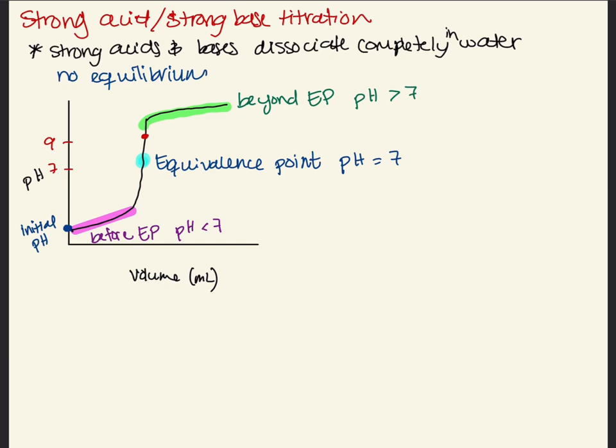It's really in between 8 and 9. And so here, if you notice, the difference in the volume right here is almost 0. So that's why we can use phenolphthalein. It's a good indicator because the change in color is going to be very close to that pH at the equivalence point.